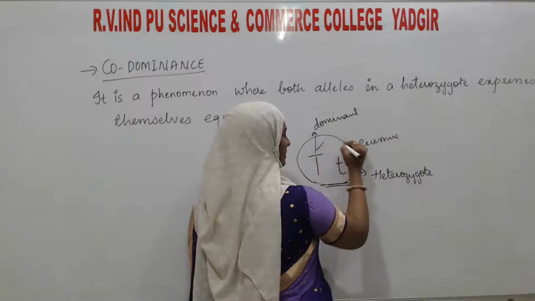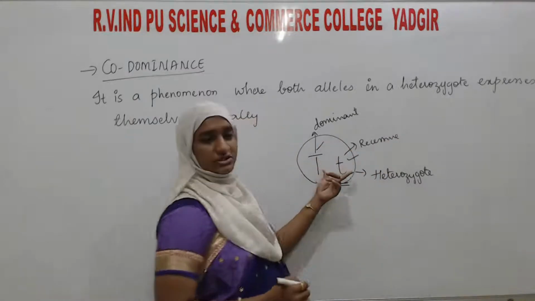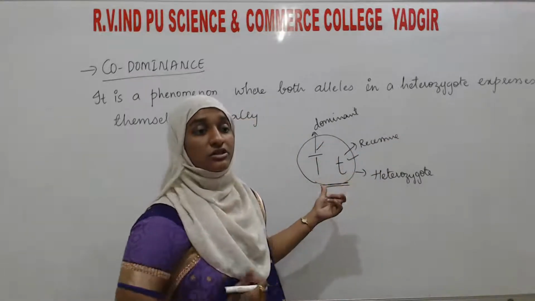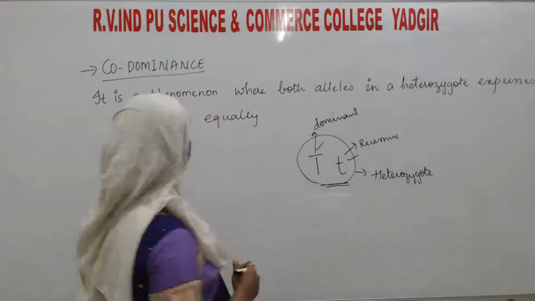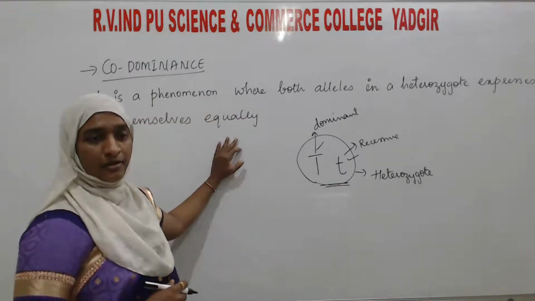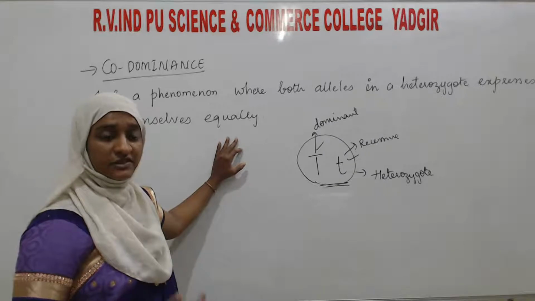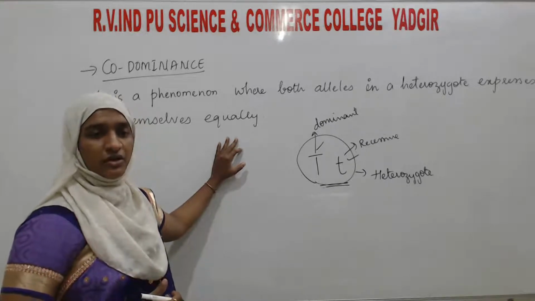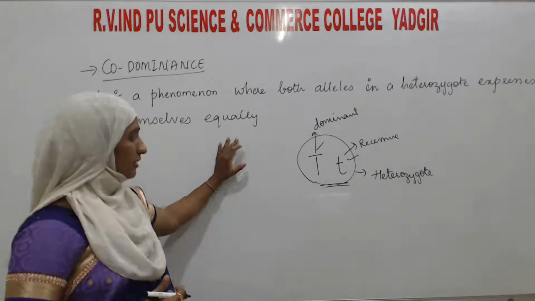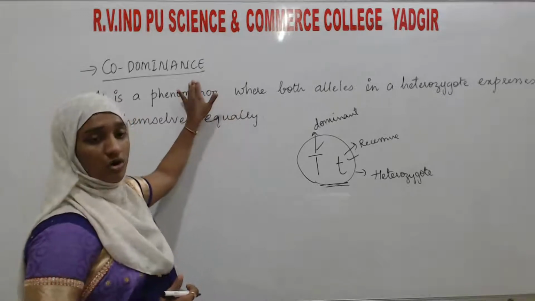So this gene and this gene, they both are going to express themselves equally. They both are going to express and then they are going to produce the new offspring. So that is codominance.